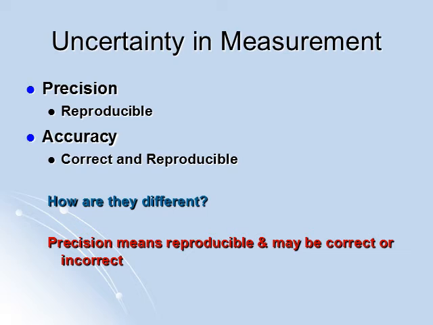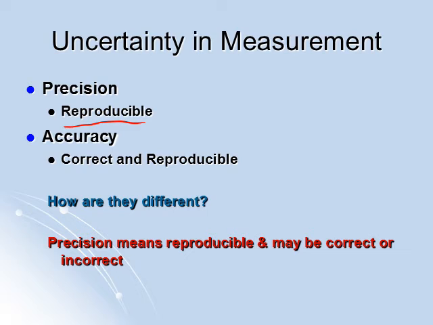Uncertainty in measurement. We need to define what is precision, accuracy, and how they are different. Precision means when you're doing an experiment more than once, how reproducible are your values? Accuracy is how correct you are when you get the values.